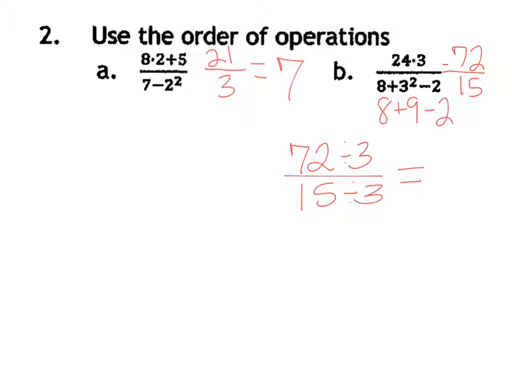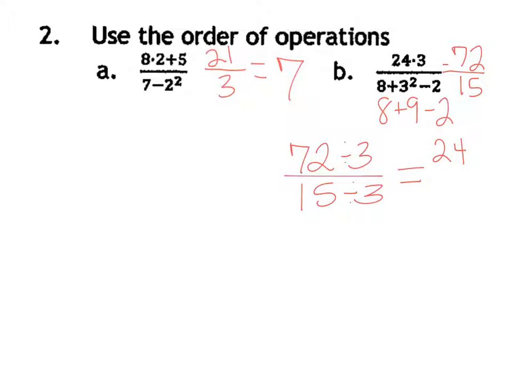What'd you get for 72 divided by 3? No, you know. What'd you get? 24 over 5. 24. Yeah.